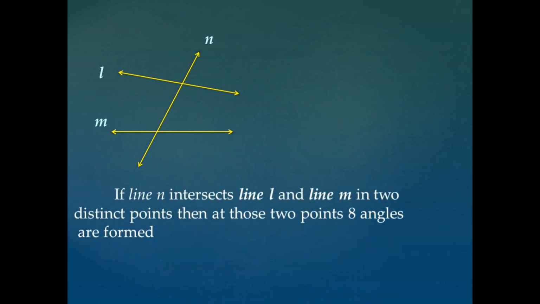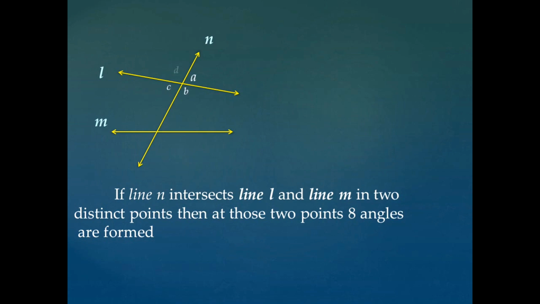If two lines are intersected by a transversal, then 8 angles are formed. Suppose line L and line M are the two lines and line N is the transversal, then line N intersects those two lines at two different points. At these 2 points, in all 8 angles are formed.